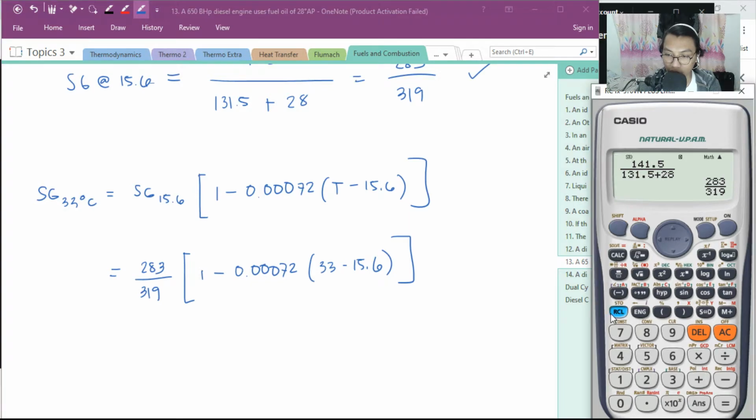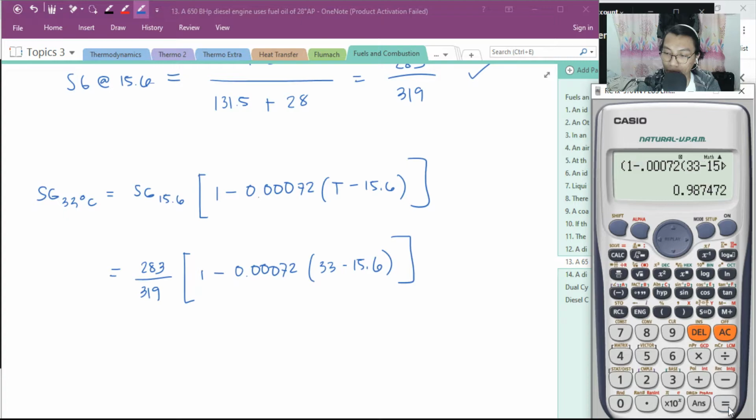Store natin kay A. Unahin ko muna yung nasa loob. So, 1 minus 0.12372 multiplied to 33 minus 15.6.